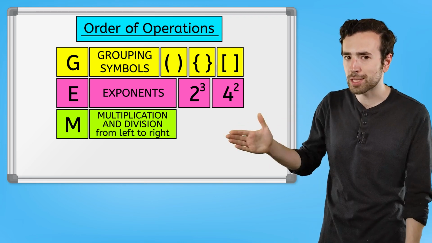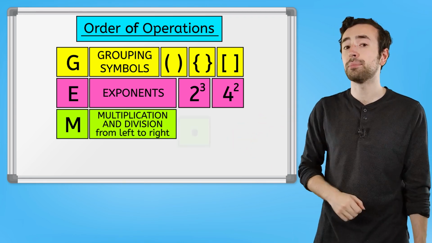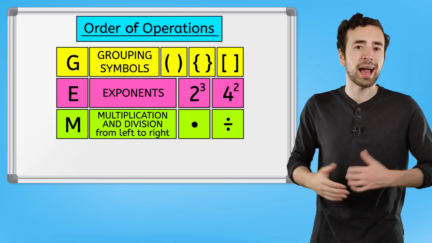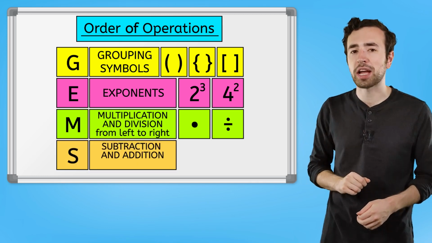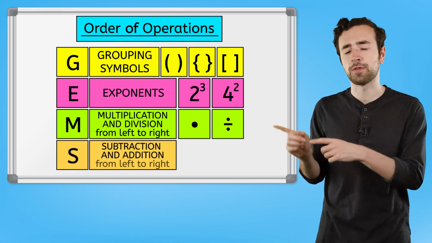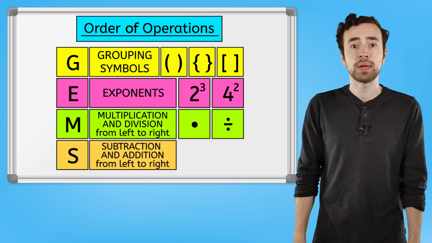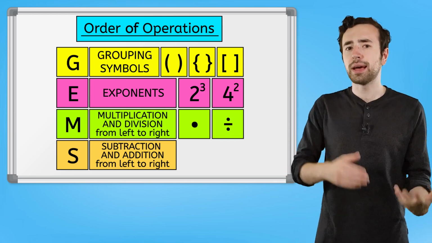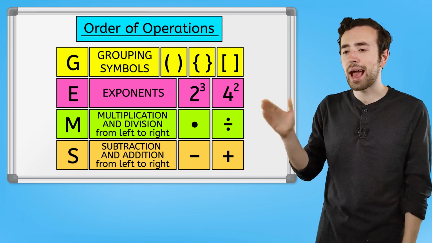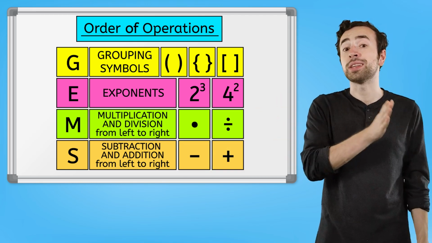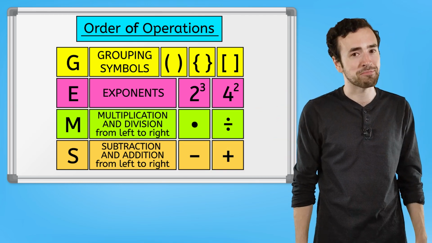This means you read the expression from left to right and perform any multiplication or division as they appear. Lastly, work through any subtraction and addition, also from left to right. This doesn't mean you perform subtraction first and then addition, but rather you execute the subtraction and addition as they occur while reading the expression from left to right.